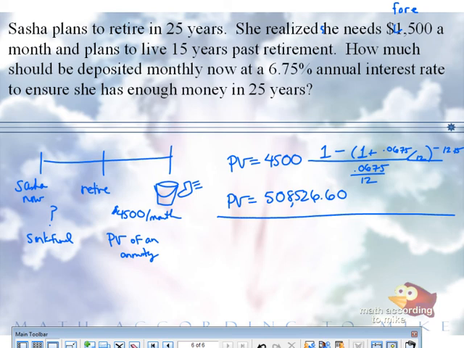So now we're going to do the sinking fund formula, which starts off as PMT equals, in the future we want to have 508,526.60.